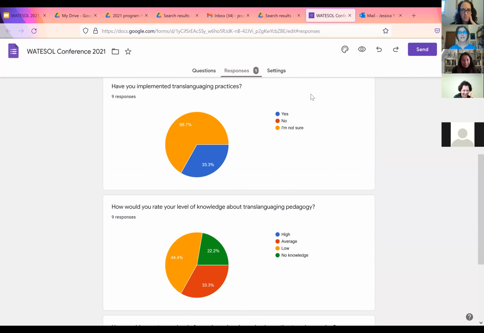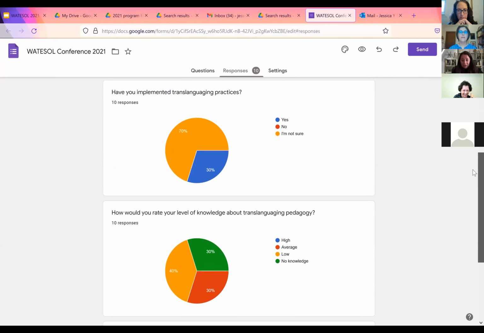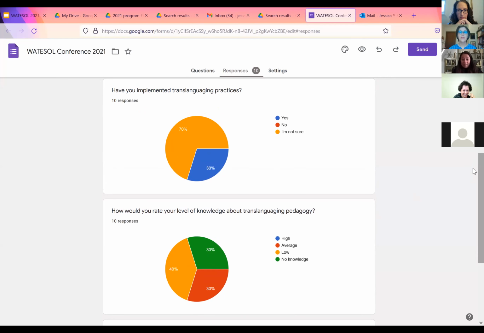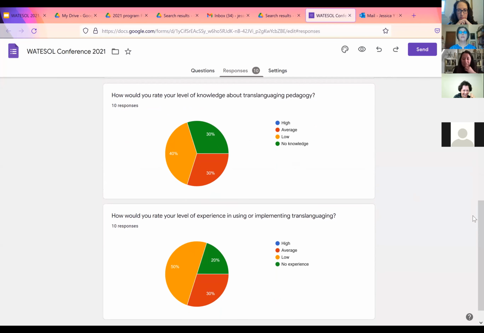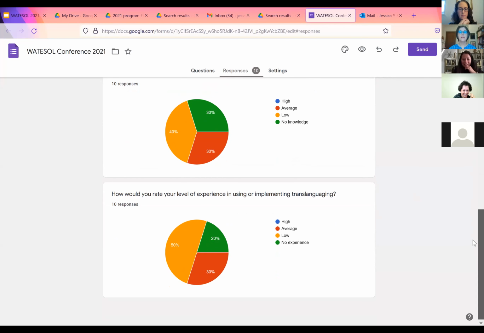So these are the results so far. We have 67% saying that they're not sure, and 33% saying that they are sure that they have implemented them. And then we have how would they rate their knowledge. So we have a three-way split there. And then for the last question, how would you rate your level of experience in using or implementing translanguaging?